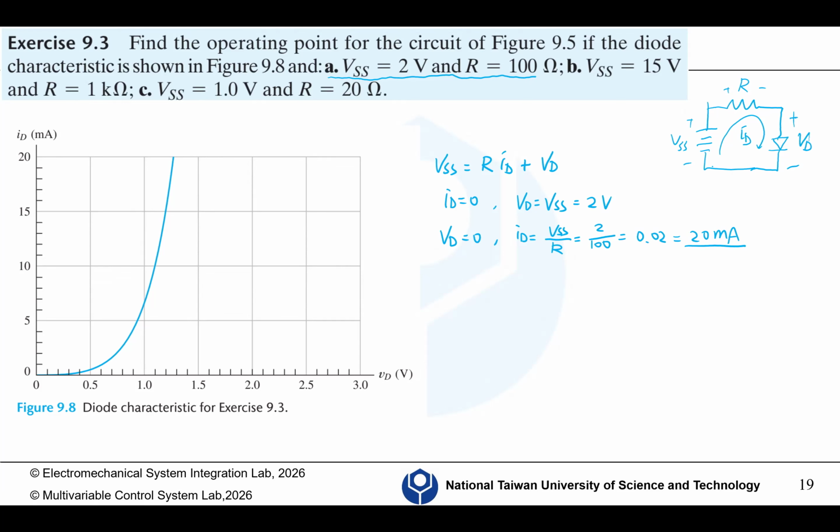First, ID equals 0 and VD is 2, here is the point, and the other is VD 0 and ID is 20 milliamp. I need a ruler. Hopefully I can make it straight. Okay, let me try to draw this. It doesn't look straight, but it should be fine.